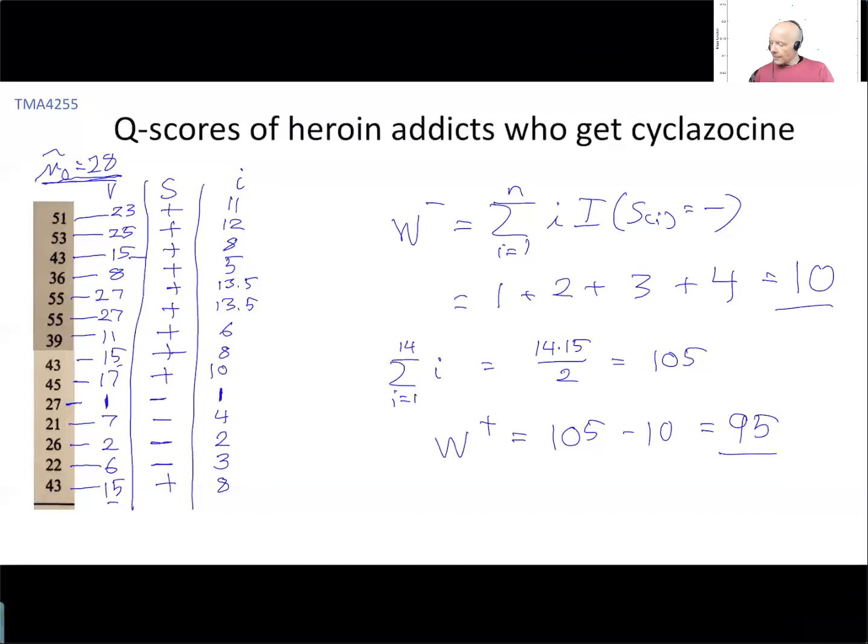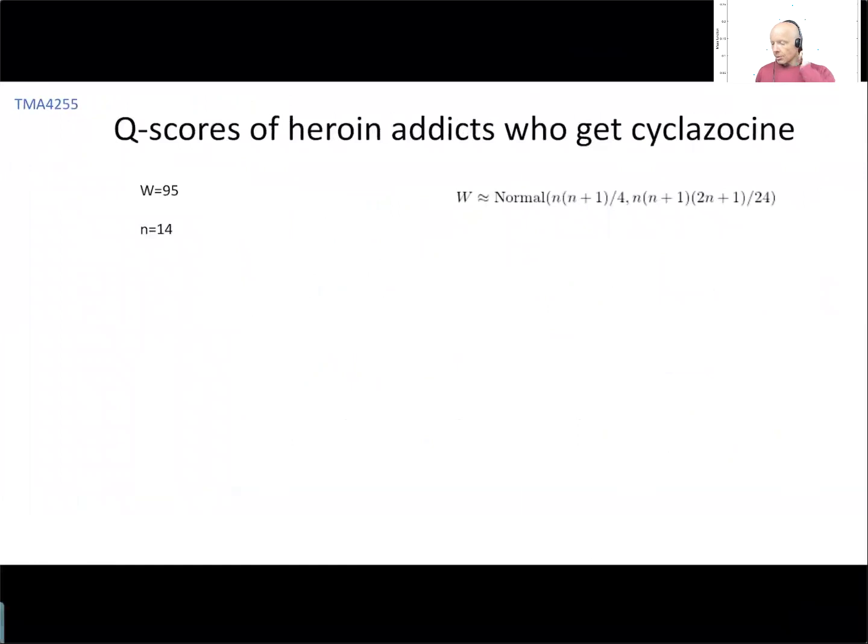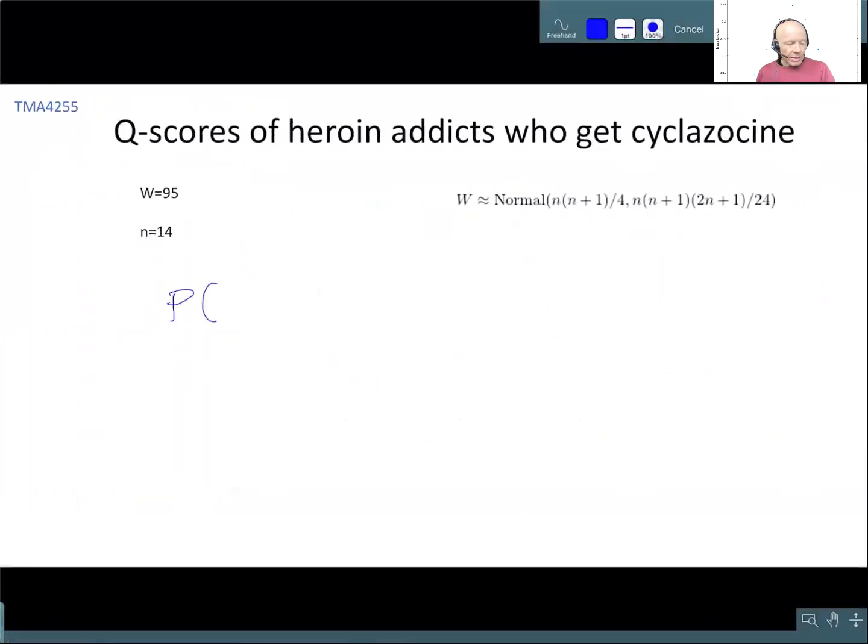Let's do the hypothesis test, and we will use the normal approximation to do so. So here we had this W value. What's the probability of observing something as extreme or more extreme than 95? So if we subtract the mean here, this is 52.5. And if I compute this mean value, this was 105 divided by 2.